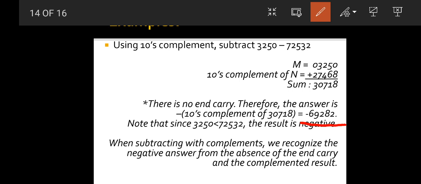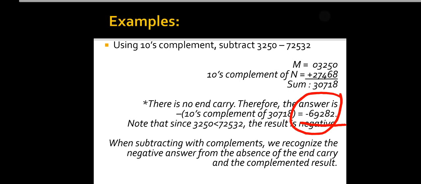So in subtracting with complements, we recognize the negative answer from the absence of end carry and the complement result. So ang kanisyang answer is same with your answer atong usa. Katong gibali siya ba? But the only difference is kanisya naka-negative sign, ang katong usa is positive sign.